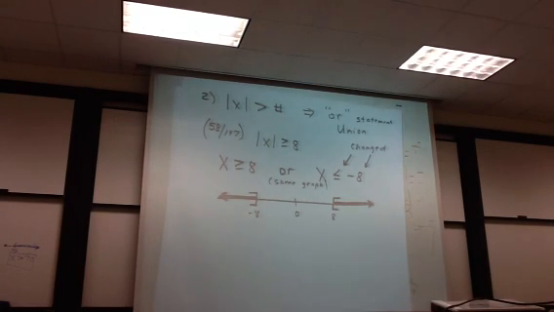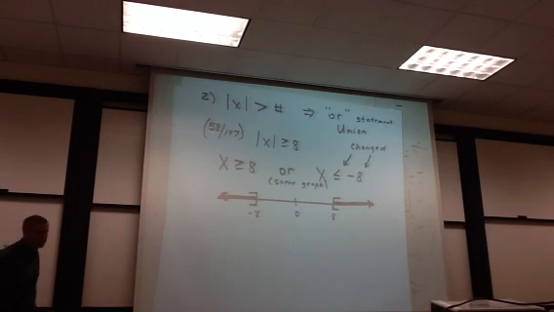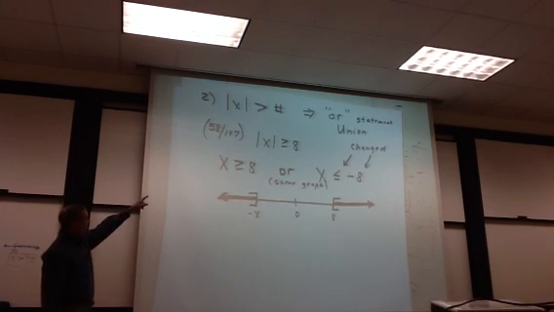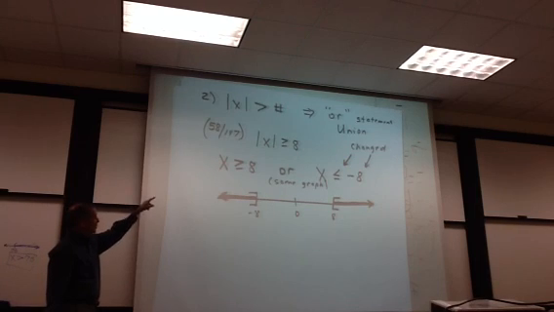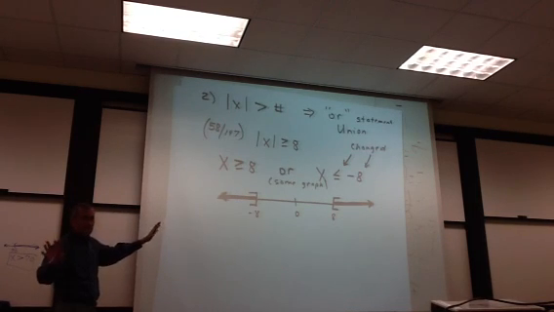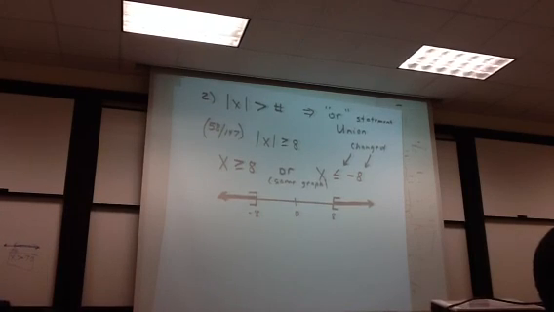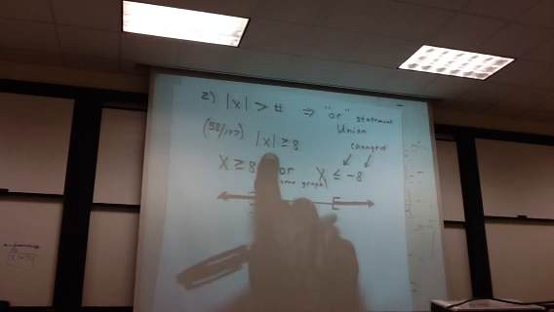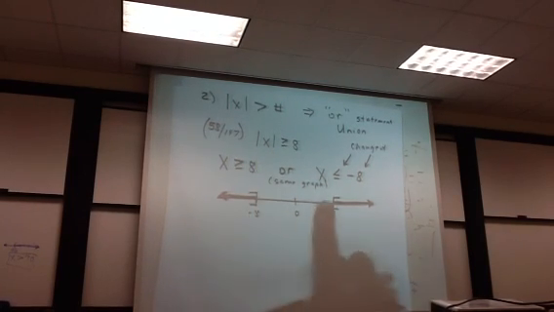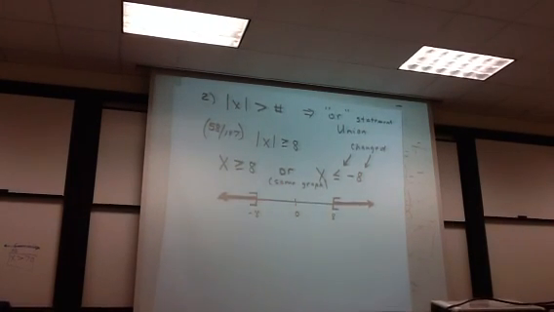Hey, pick something that's not in the set. 0 is not in the set. Absolute value of 0 is 0. 0 is greater than or equal to 8? No. Okay. So I have visual evidence that the stuff in the shaded area gives a true statement to this original expression. The stuff that's not shaded would give a false statement.